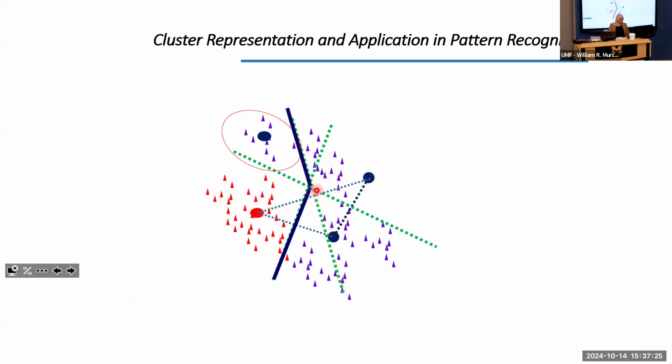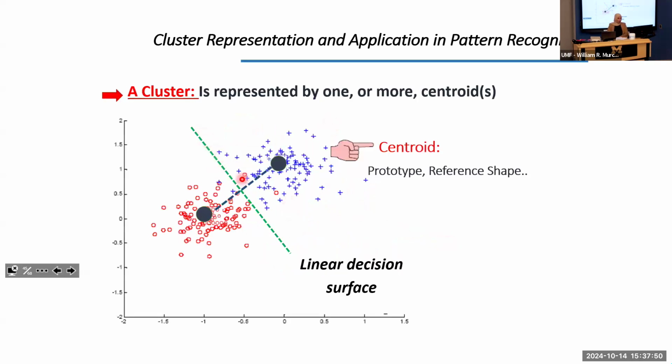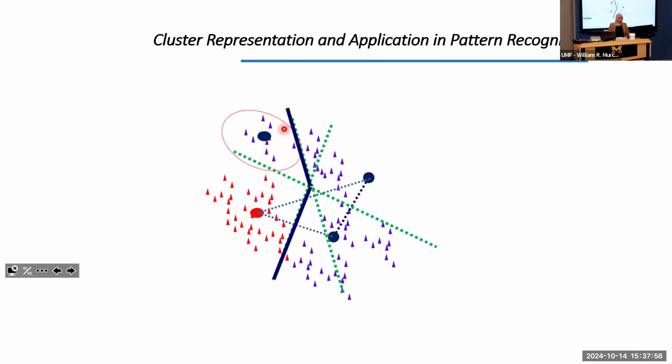Next, I check the distance between the left one and the right one, and each time I create one line. Each time I do the same between, for example, this red and blue; this is the green line. Before, we had the example where this deciding surface is linear, which is straight. However, in this case, when we have multiple centroids, is it still linear?